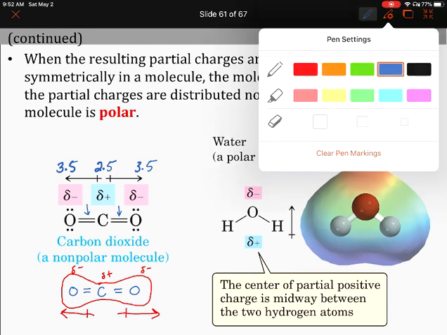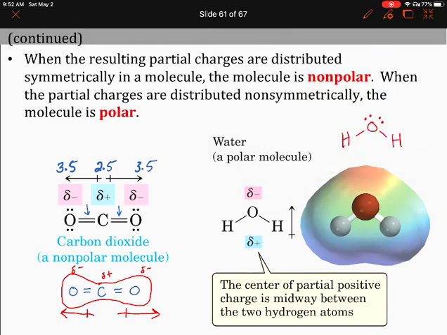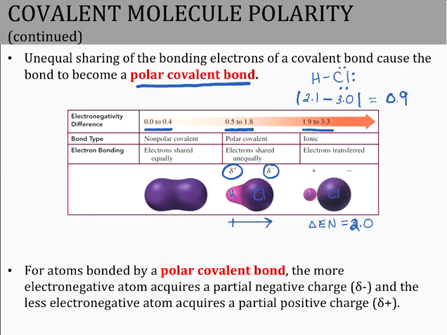So earlier we said that the electronegativity value of hydrogen is 2.1, and oxygen is 3.5. So the difference, if we're just focusing on the bond on the left, that difference is going to be, let's see, 0.9 plus 0.5, so 1.4, and that's going to fall in the range of polar covalent.